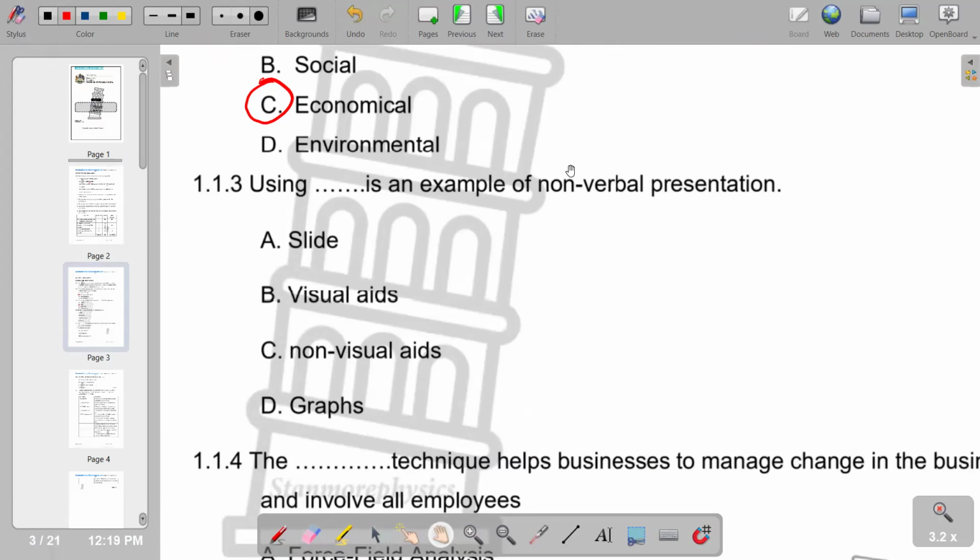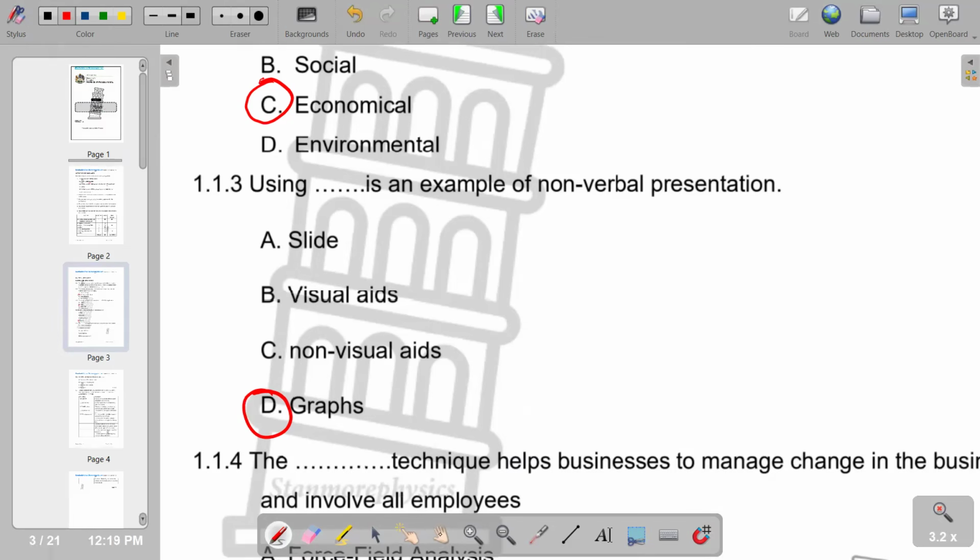So when it's non-verbal, we are not using words, that is, the word of mouth or spoken words. The one that describes non-verbal is graphs, which we have on D.